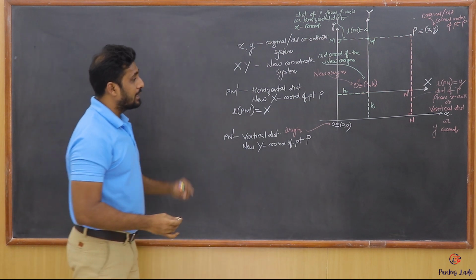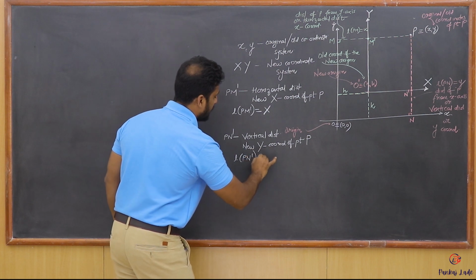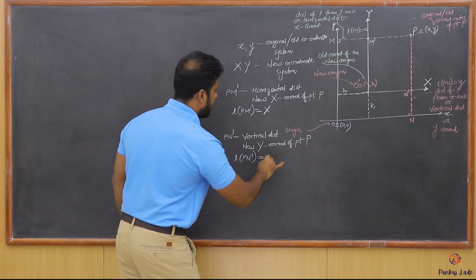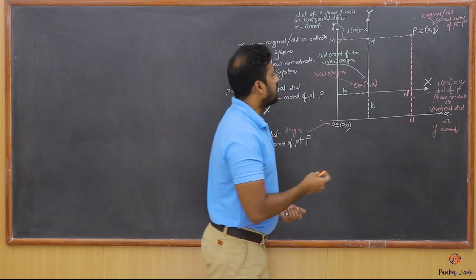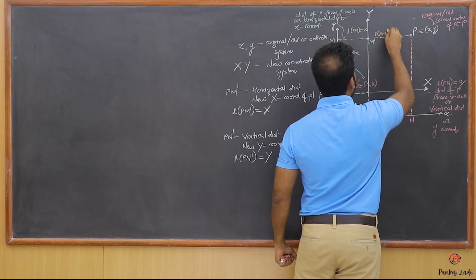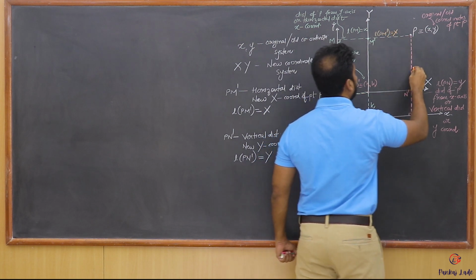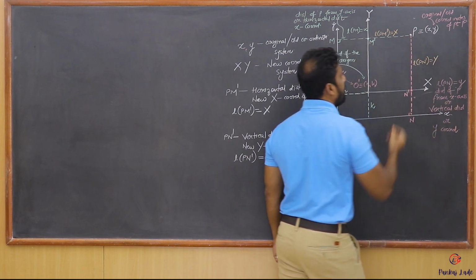So I'm going to take this PN dash as capital Y. So students, I'm going to write this information over here. So length of PM dash is taken as capital X and length of PN dash is taken as capital Y.